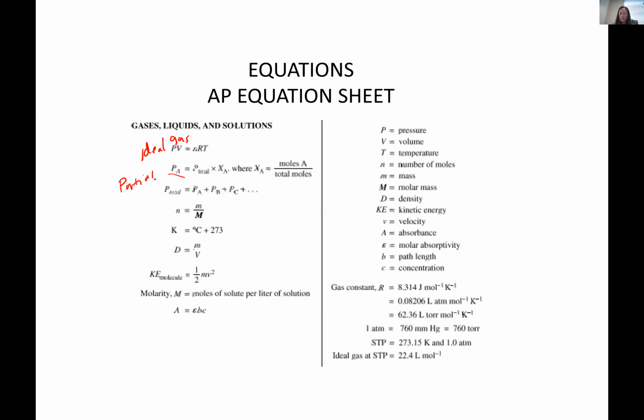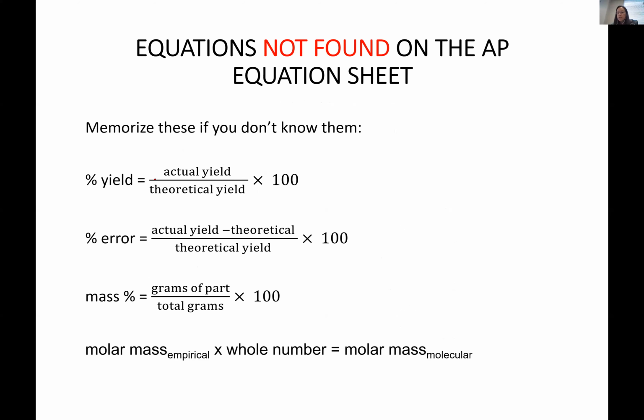If we look at the next slide, here are some equations that I would say, I said memorize, but really you don't have to memorize. You could just have this piece of paper out right beside you so that you would know what those kind of things are too, right? So percentages, College Board always thinks, well, that's a prior knowledge kind of statement. You learned percentages back in 7th grade when maybe you were doing math, right? So they don't really give you those formulas, but often that's going to come into play when you're doing some stoichiometry.